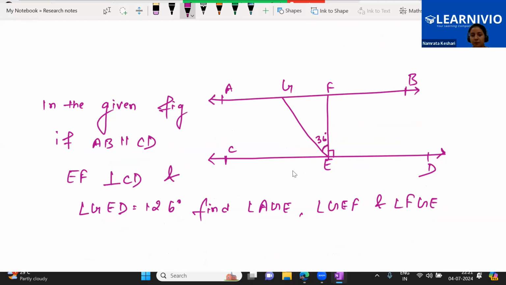How? 126 minus 90 degrees. Yes, Sarah. Angle GED is given, and EF is perpendicular, so yes, it's correct. Next.